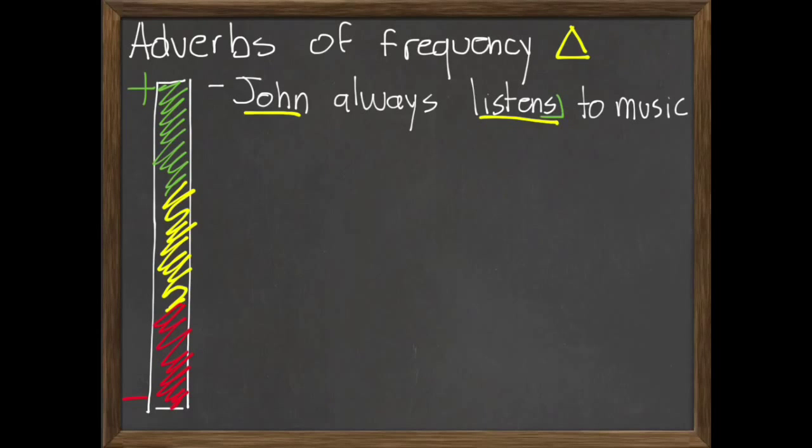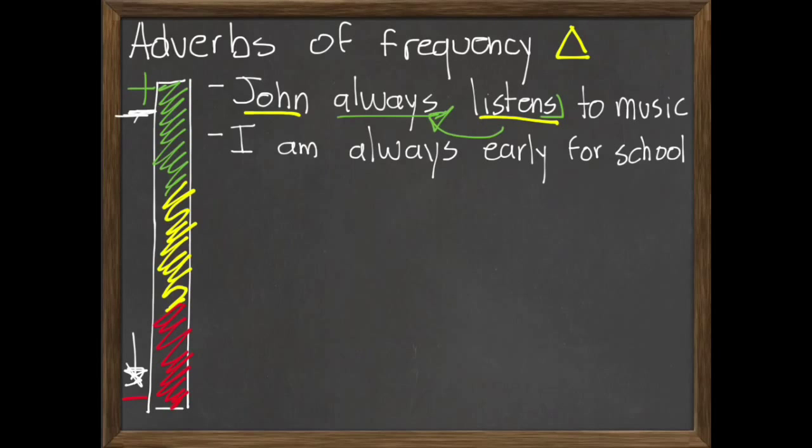We will arrange the adverbs of frequency from most often to least often. In this case, always is the adverb of frequency, and it goes before the main verb. This means that whenever we see John, he will be listening to music because he always listens to music.